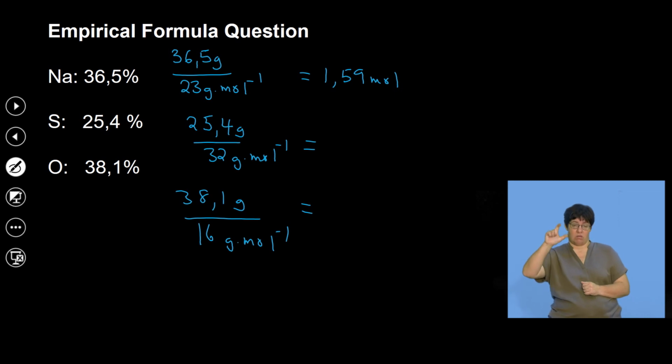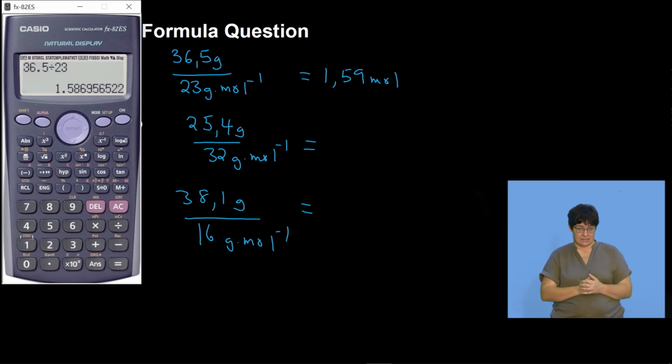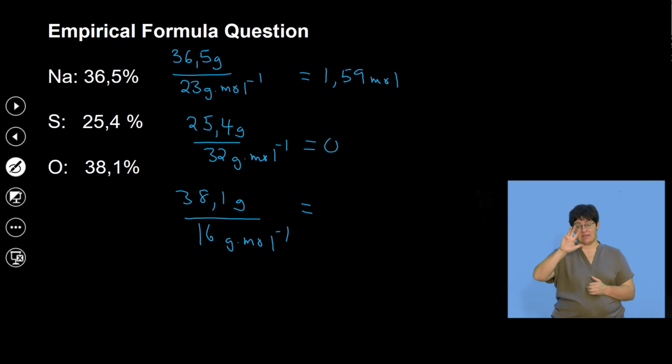And then if we go to the second one, what do we get? 25.4 divided by 32. What do we get as a decimal fraction, to 2 decimal places? This is 0.79 mole, right?